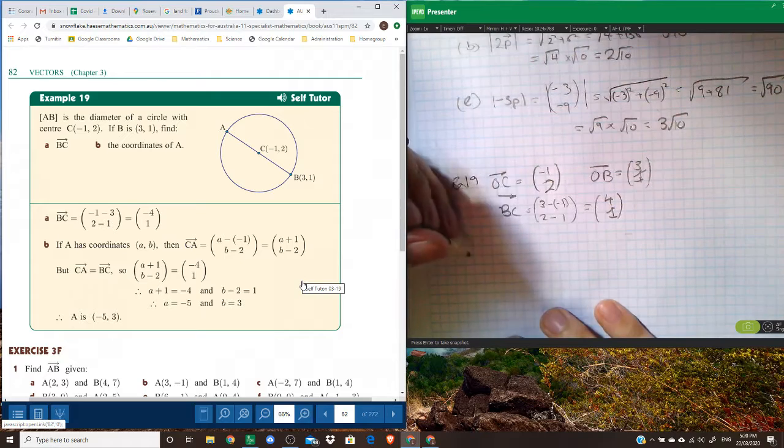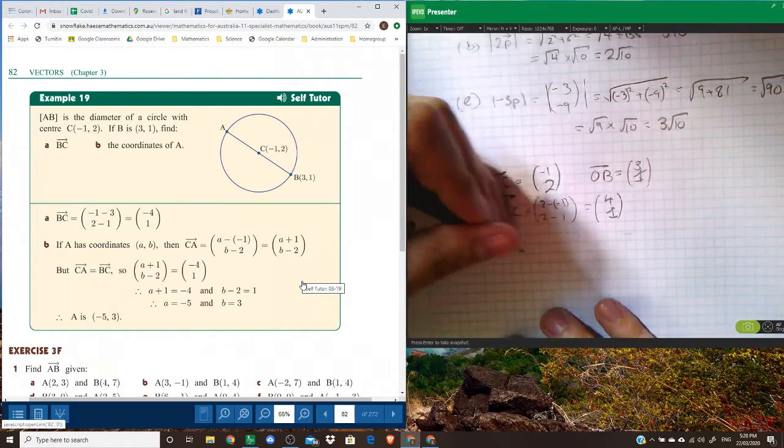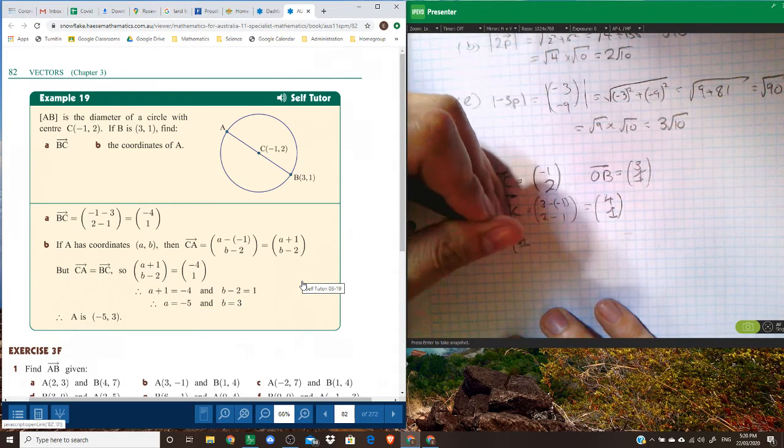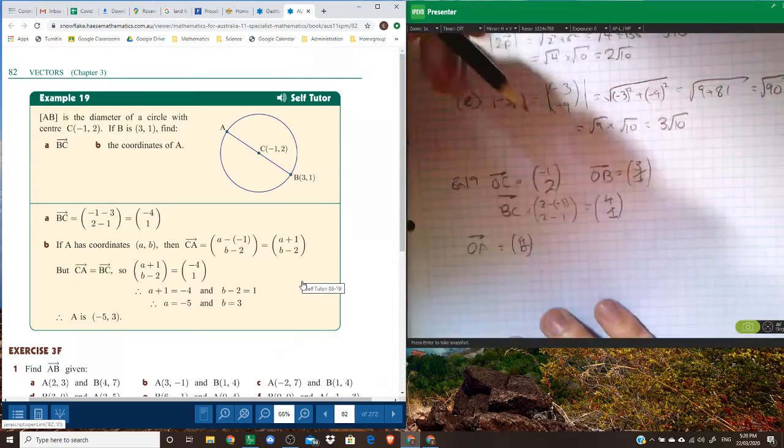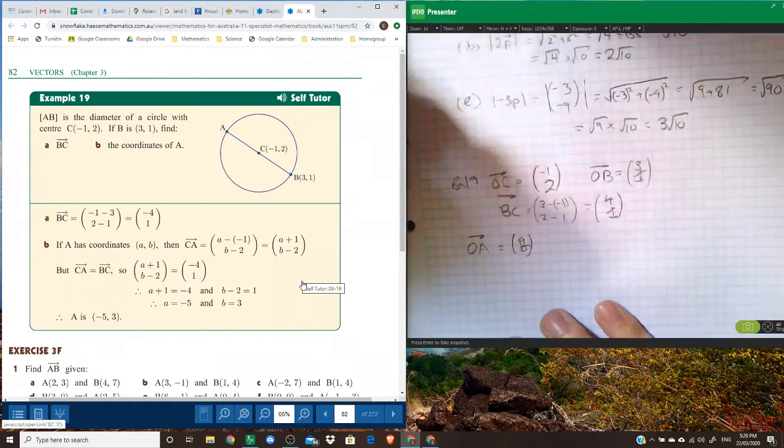Now A is not known, and we'll say its coordinates are a, b. As such, I keep writing lines on there like it's a fraction. Get out of that habit.